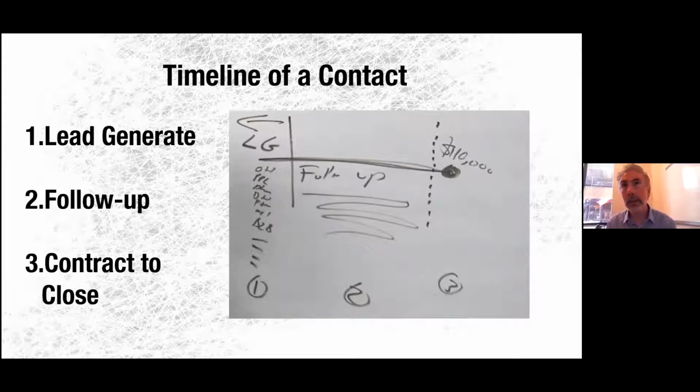Hey, I'm interested, but it's going to be like 3 months before I decide to make a change. Or, for all of us right now, there's such little inventory. Man, I don't know. I could sell and get top dollar, but, you know... So it's about staying in that relationship and following up. And then of course, for contract to close, there are always opportunities for Smart Plans as well.